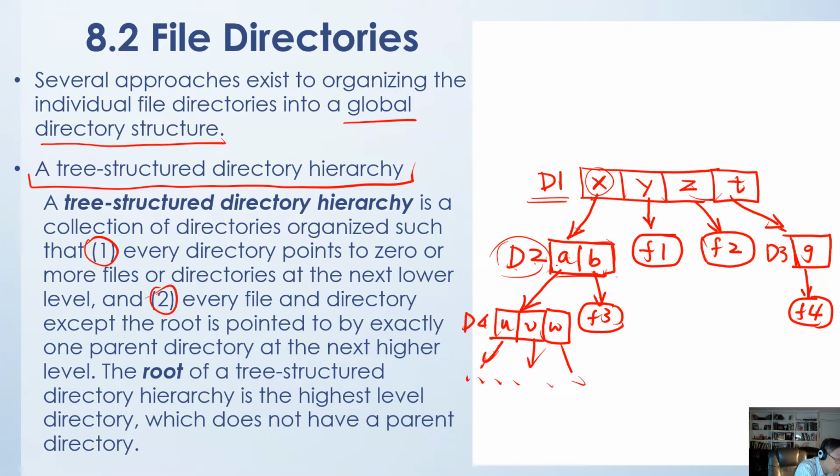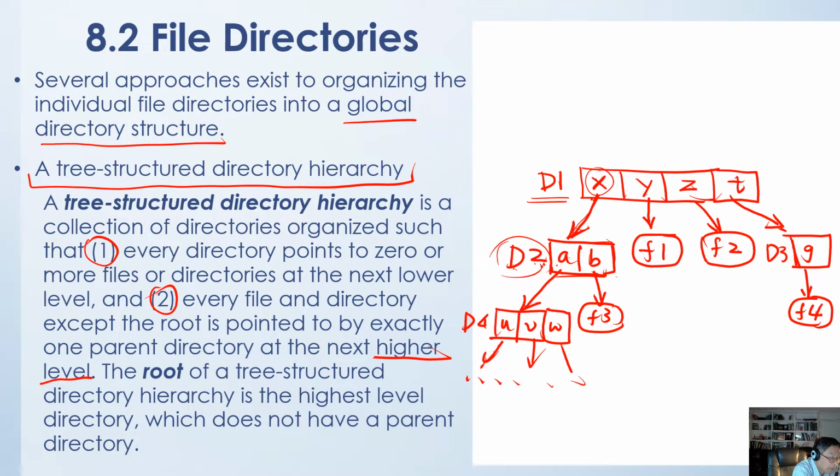Now, number two, every file or directory except the root is pointed to by exactly one parent directory at the next higher level. So that means in this case, D2 is a directory, so it is pointed to by one parent directory, which is D1.